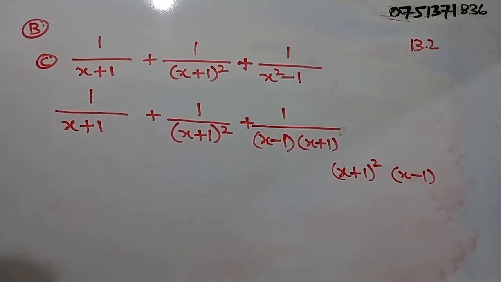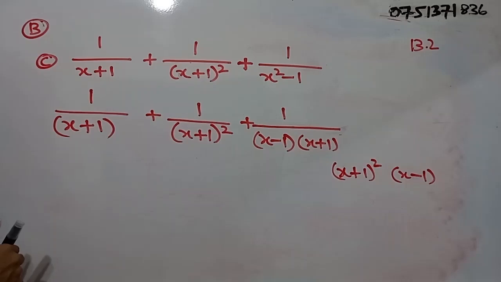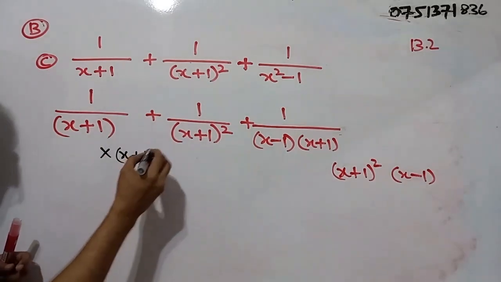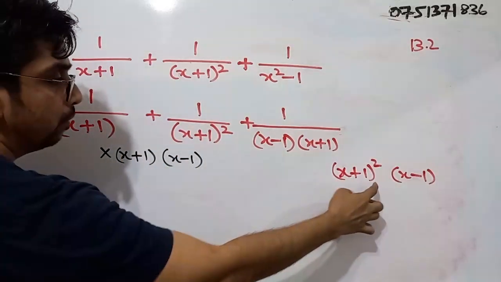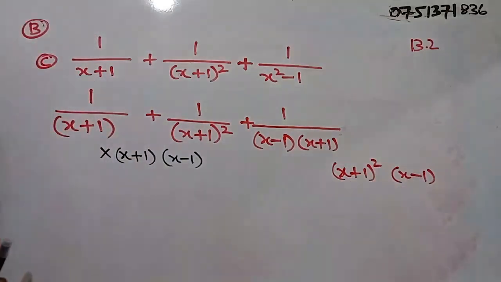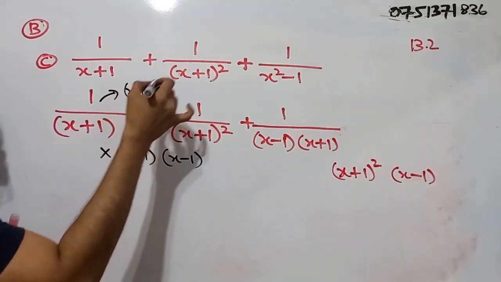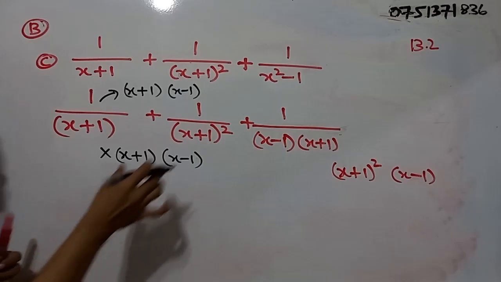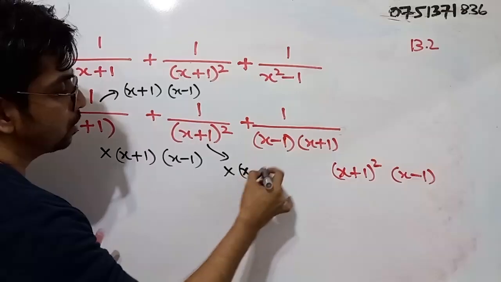So when we consider the first term, what must it be multiplied by? It must be multiplied by (x + 1) and (x - 1). That is when we get (x + 1) squared. That means the numerator must be multiplied by (x + 1) and (x - 1) as well. Here this term needs to be multiplied by (x - 1) only.